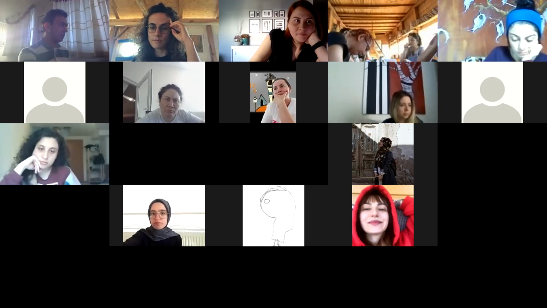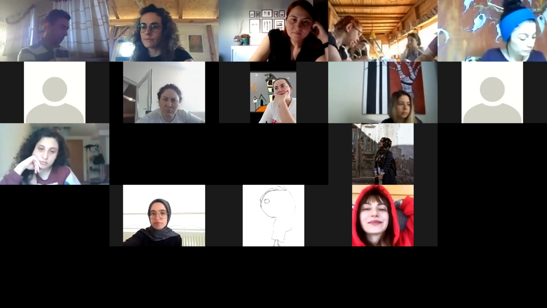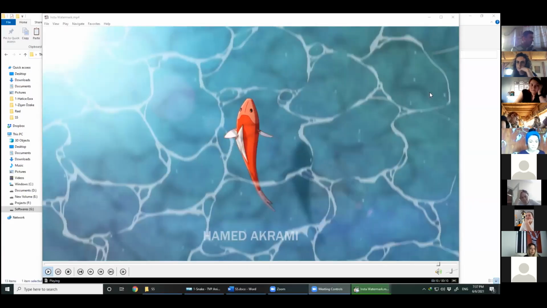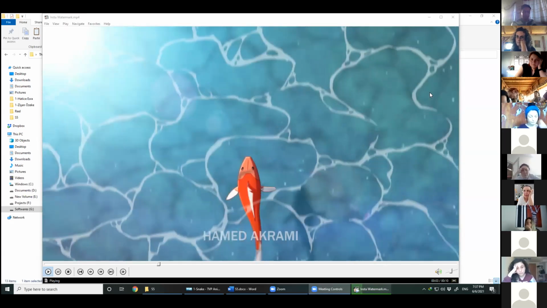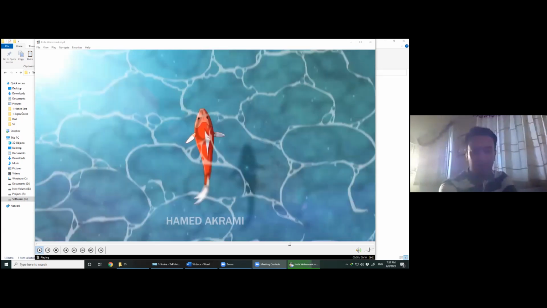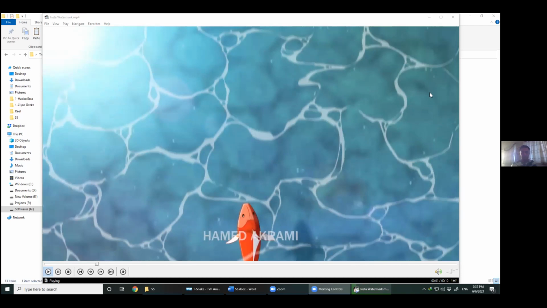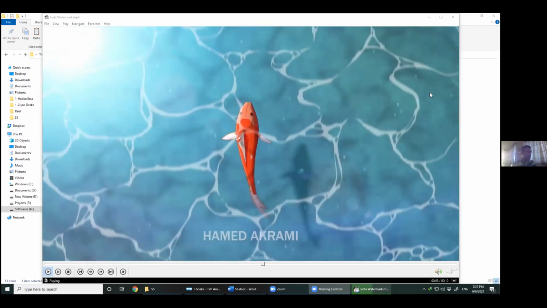Just a second. Okay, it's my connection problem. I think you cannot see it clearly, but this is an example of wave action, a fish swimming cycle.